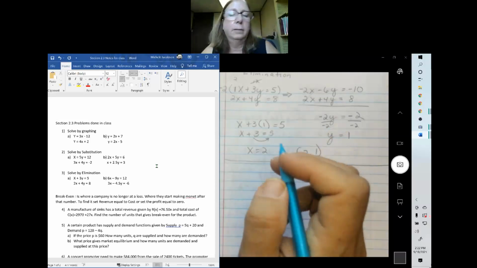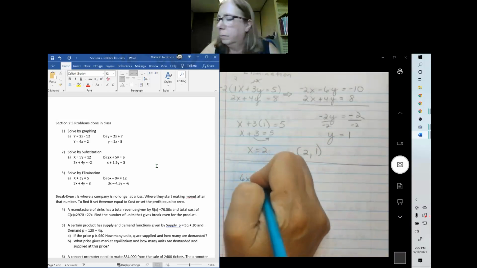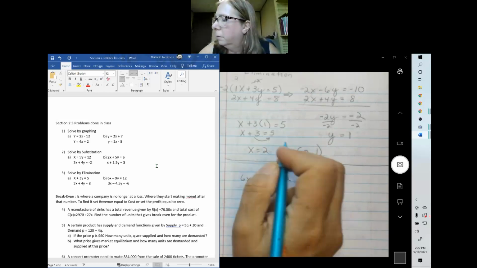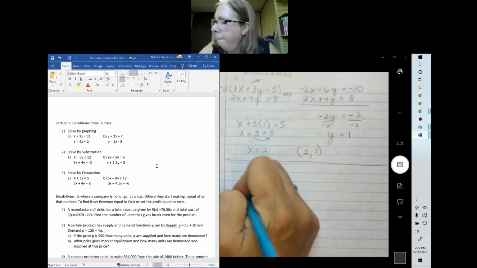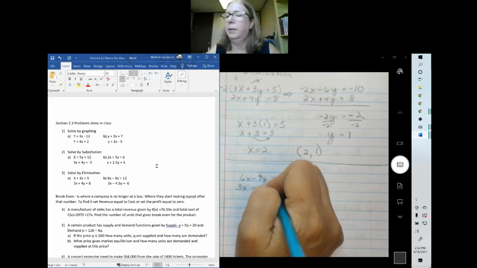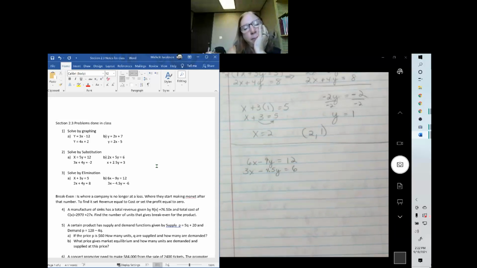3b. Again, we want to use elimination, so we want to be able to add down and have a variable drop out.